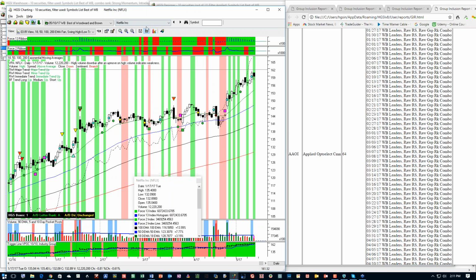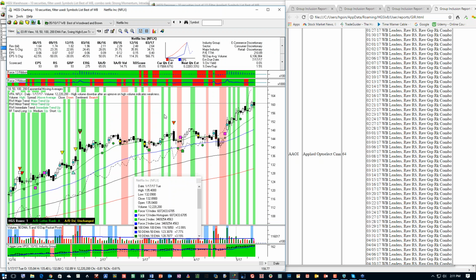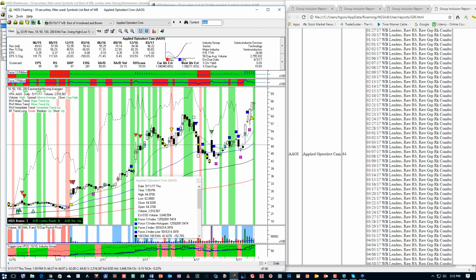So let's just take a look at this. And if you look at this AAOI, you can see that the EPS, I'm sorry, I don't want the EPS. I want the group rank and the raw relative strength.